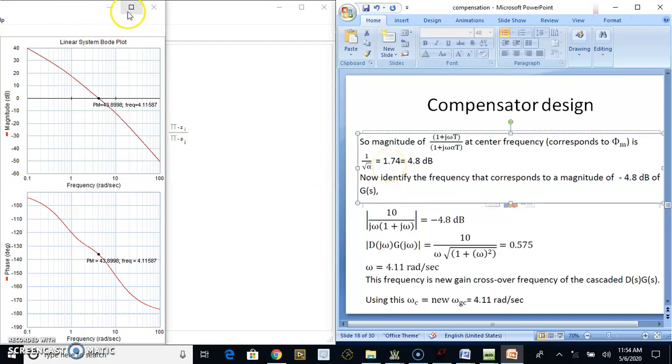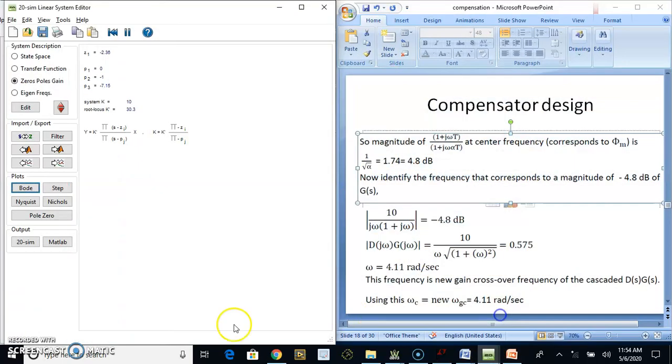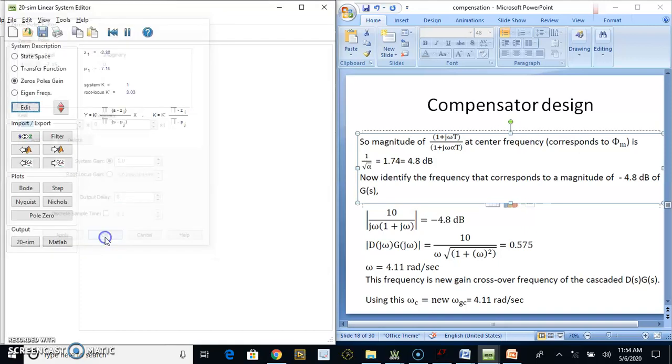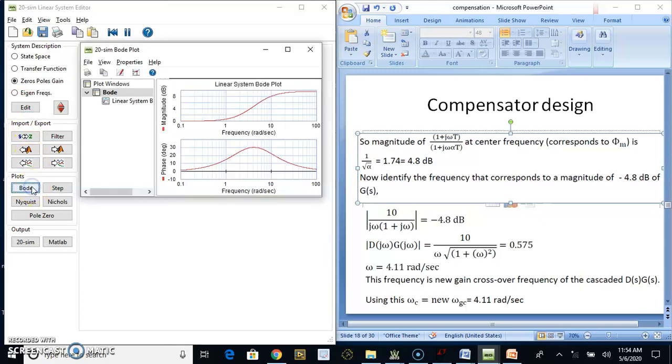So let us go back to this editor and have only the poles and zero. Let me edit this, remove this, and remove this also. Let me have the system gain as 1 and try to see. It's done now.